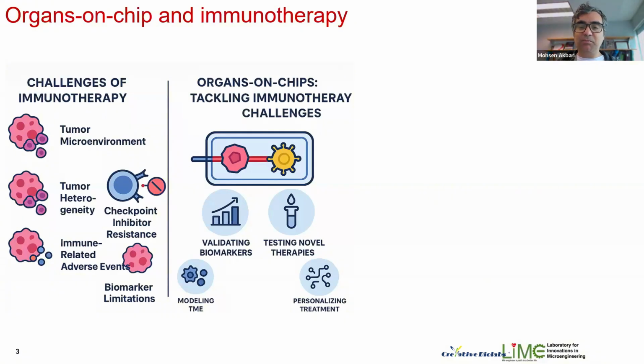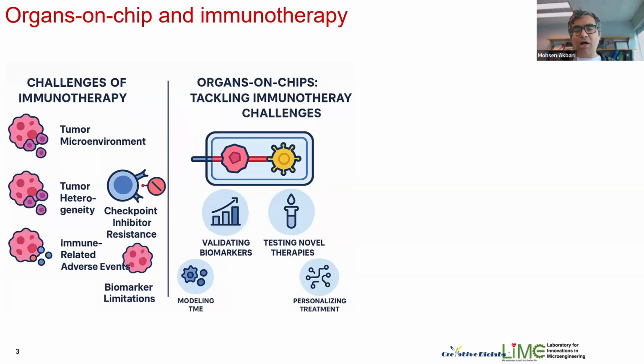This is specifically important because the tumor itself is highly heterogeneous, and it's formed from diverse cell types with different genetic mutations, and also spatial variations within the tumor microenvironment, which significantly impact the efficacy and safety, and also resistance mechanisms of therapies.